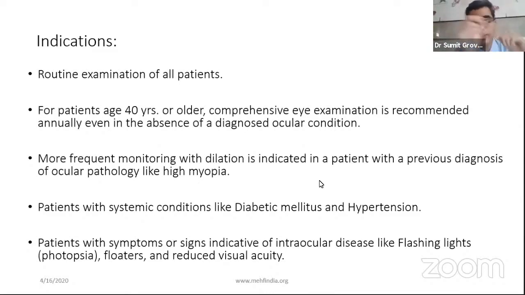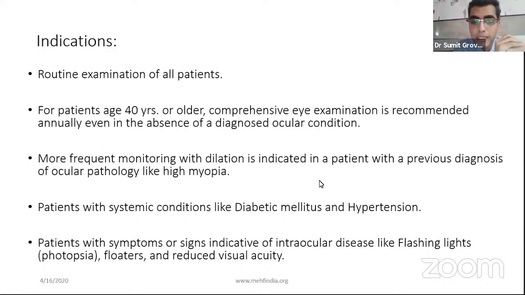We should explain to them that they can have ocular complications like diabetic retinopathy and hypertensive retinopathy, so they have to have a dilated fundus examination. This comes under opportunistic screening of these ocular complications of systemic conditions.